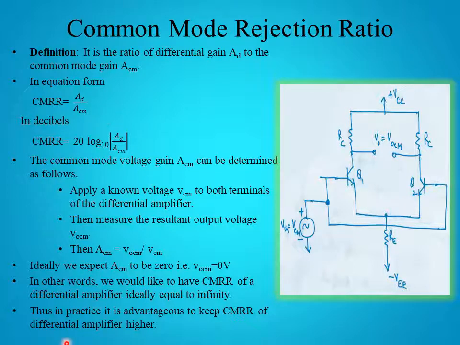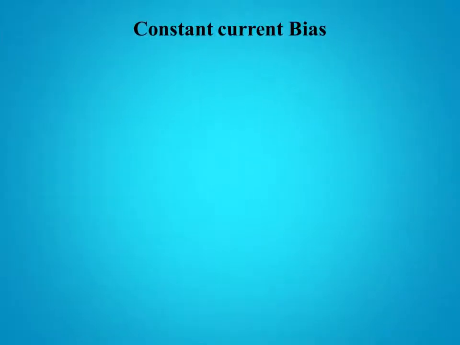So in practice, it is advantageous to keep the CMRR of the differential amplifier high. So in this way, we have seen that the differential amplifier has an important property that has been defined through CMRR. This CMRR will also be discussed when we study the operational amplifier.